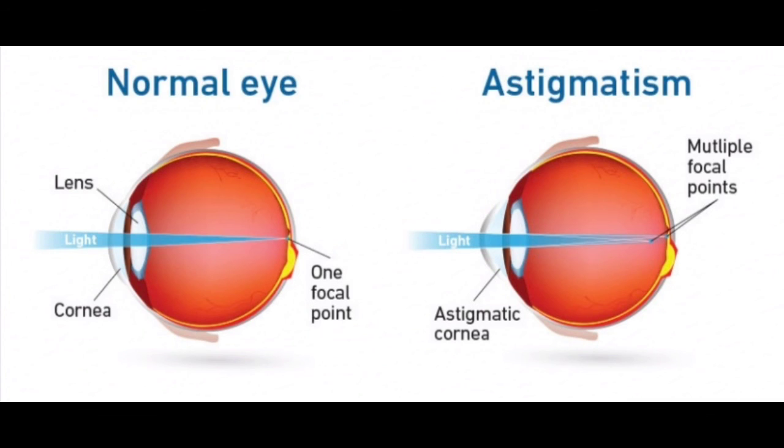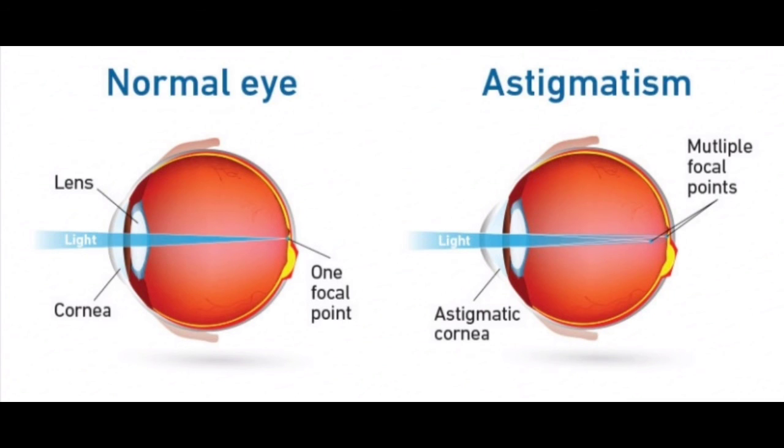As a result, vision becomes blurred at any distance. This is astigmatism.